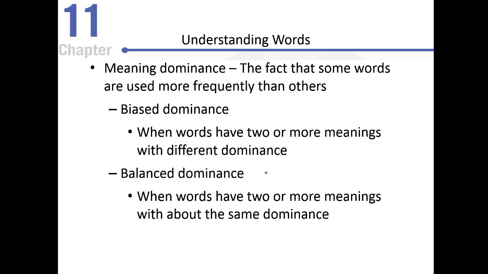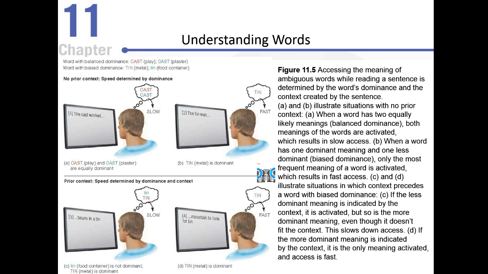Of course, the difference between biased and balanced dominance influences the way people access the meaning of words. For example, think about this task. In this task, participants were asked to access the meaning of ambiguous words while reading a sentence. And that sentence is determined by the word's dominance and the context that was created by that sentence.